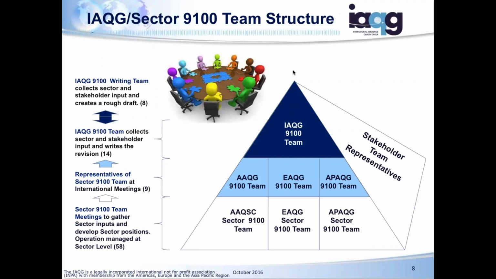So overall, there were well over 100 people involved. I'm pleased to say that we had representation from regulatory authorities. We had government agencies like DCMA included in that team. We had lower tier suppliers, third, fourth tier type suppliers. We had representation from small disadvantaged businesses to make sure that the standard we came up with was appropriate and applicable for all of our stakeholders.